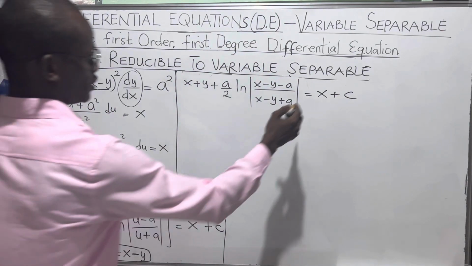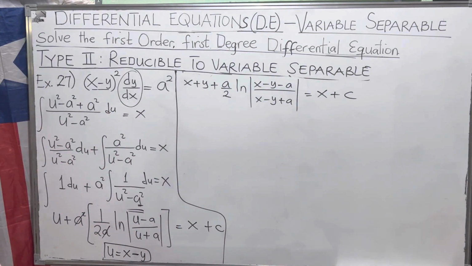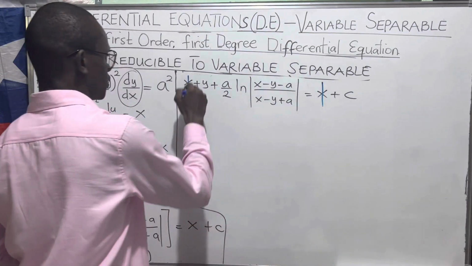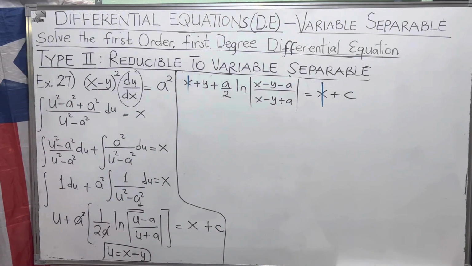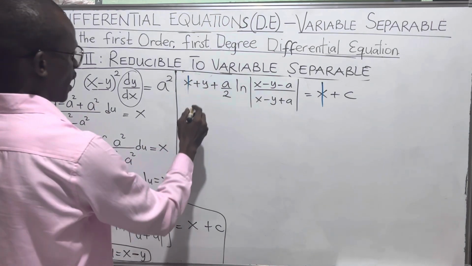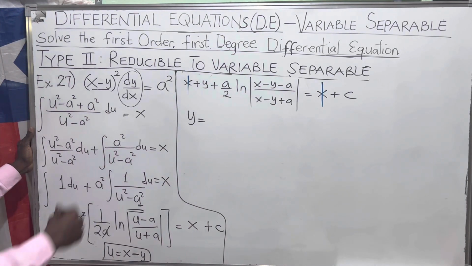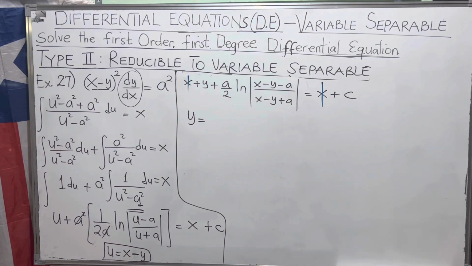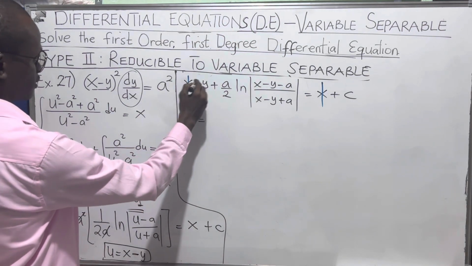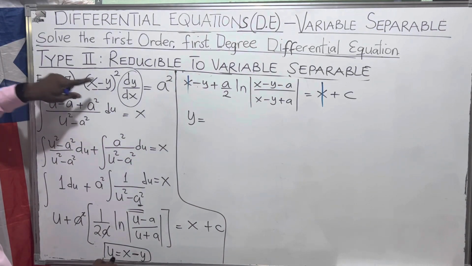But what do we know? This x and this x can go out, because even if it goes across, it still becomes the same, right? So that and that can also go out. So we can have y now to be equal to, we can send that entire ln on the other side of the equal sign. Sorry, we had this u to be equals to x minus y.